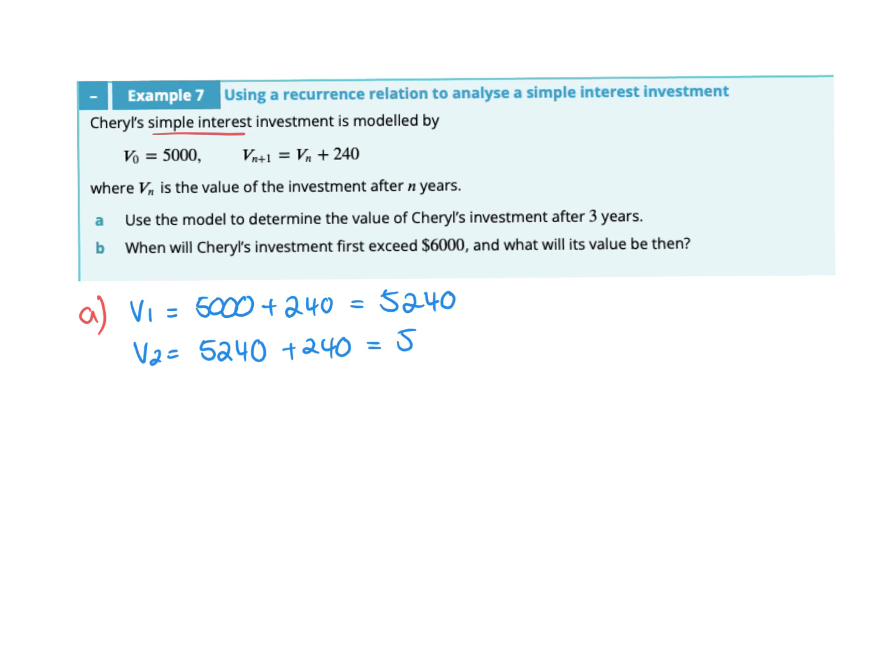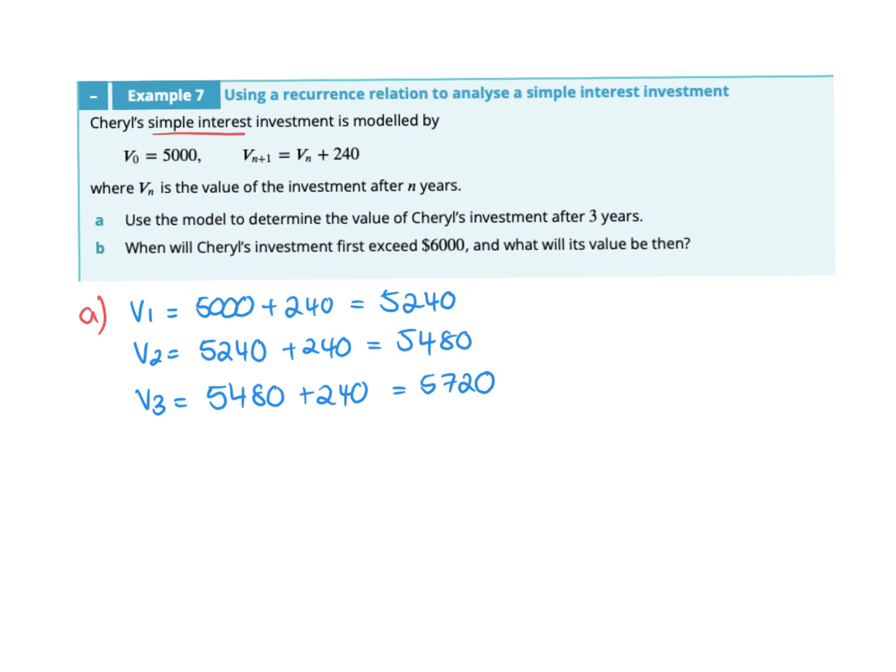So we get 5,480. And then you have to show V3 is the 5,480 plus 240, which equals, what's that, 5,720? Yes? Okay, so that's how you have to do it. It says use the model to show, so you have to write exactly what I wrote there, everything.